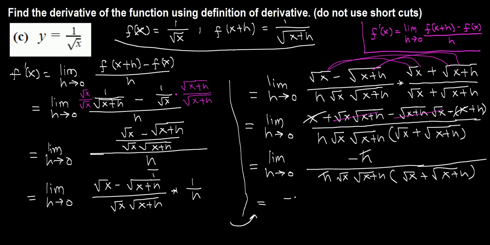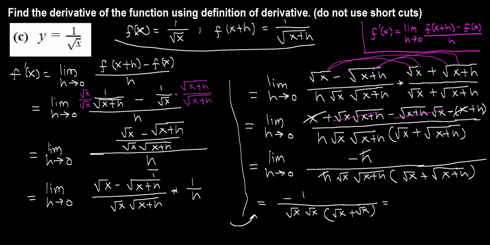So negative 1 over, this h is gone, this is square root of x; replace h by 0, square root of x plus 0, just square root of x, and times the quantity square root of x plus, since h is 0, another square root of x.